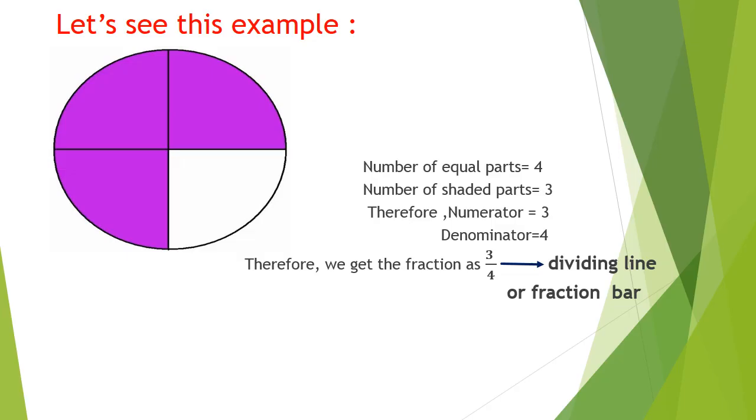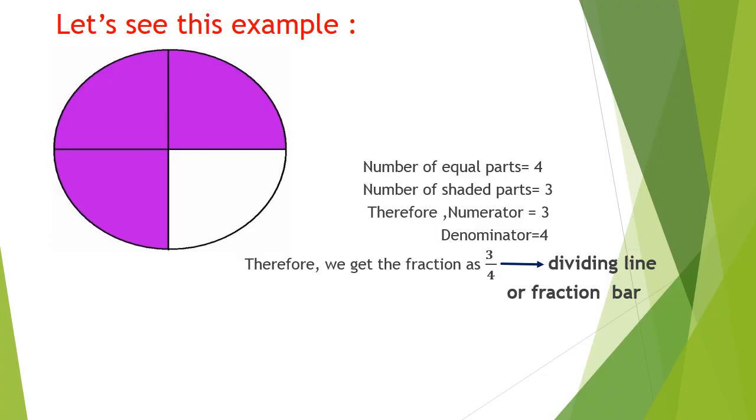And what is this line which is dividing the numerator and denominator, where we are saying 3 upon 4? This line is called the dividing line or the fraction bar. Okay, there is a term.